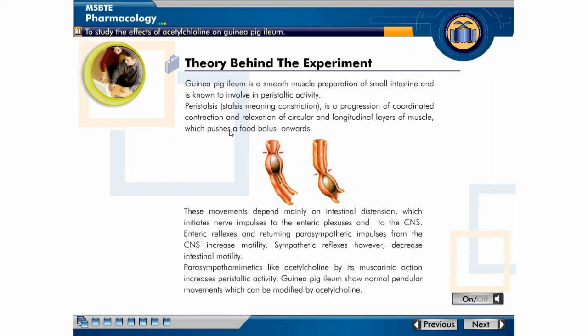During this peristalsis movement, it pushes food material in the body, and this is the part in which peristalsis movement occurs.